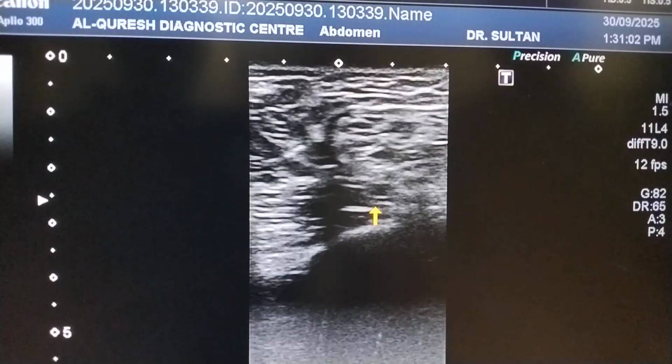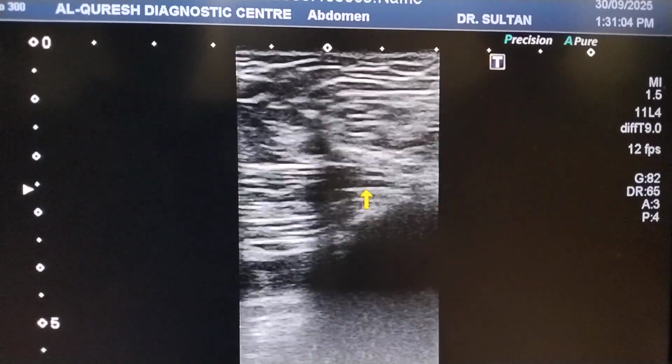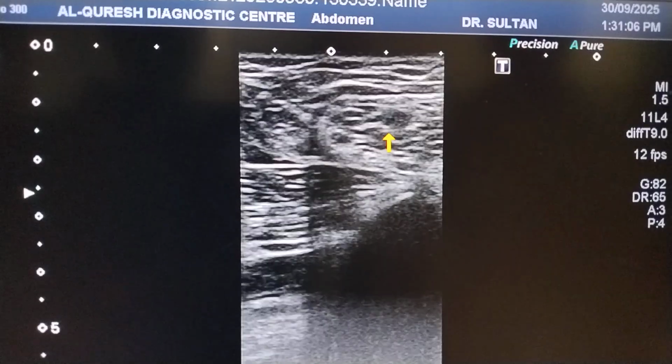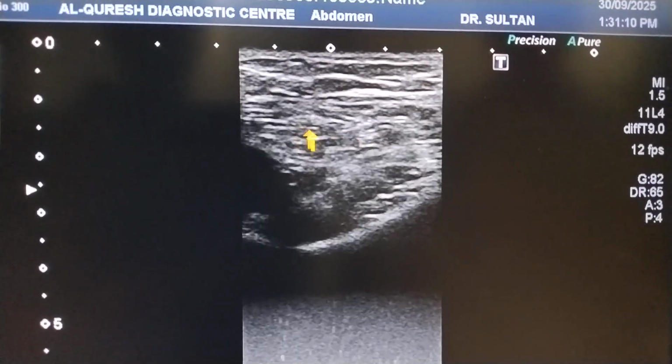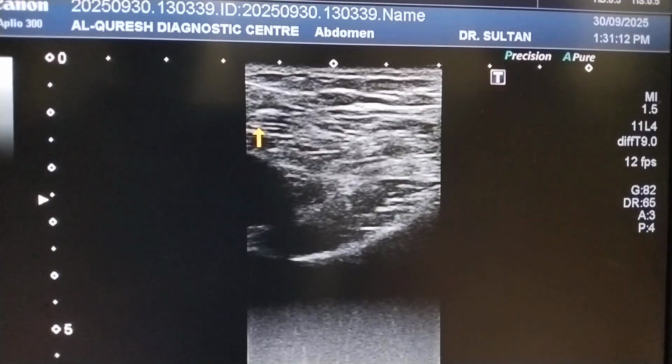I have placed the probe in the transverse direction. Just make it round, otherwise this is the longitudinal direction, and we can appreciate this herniated segment.